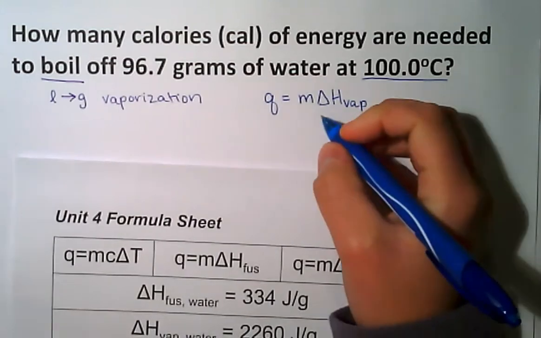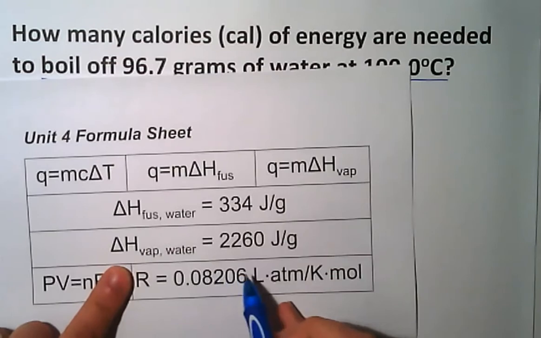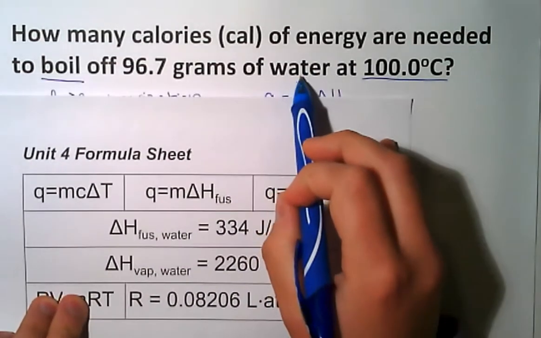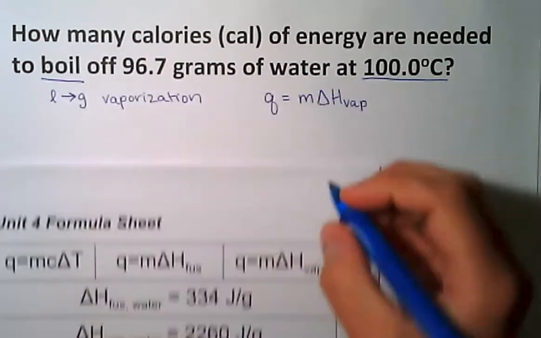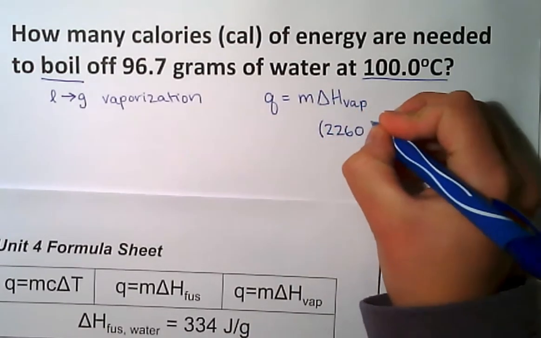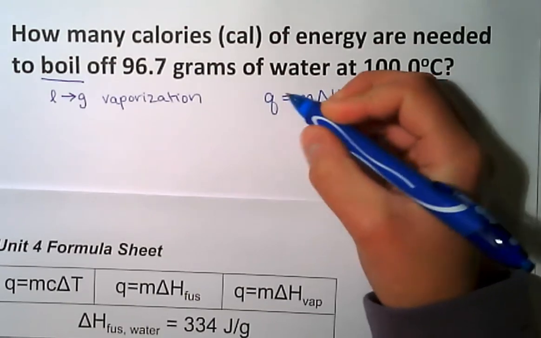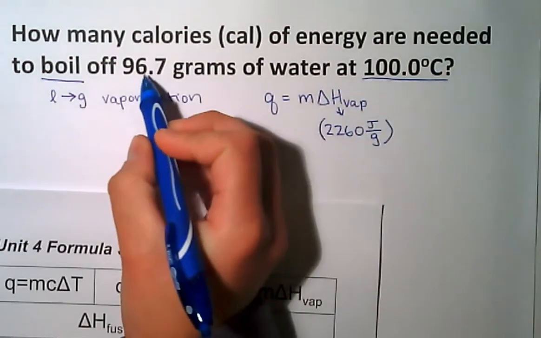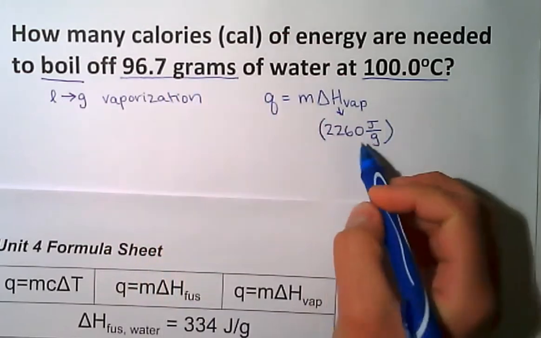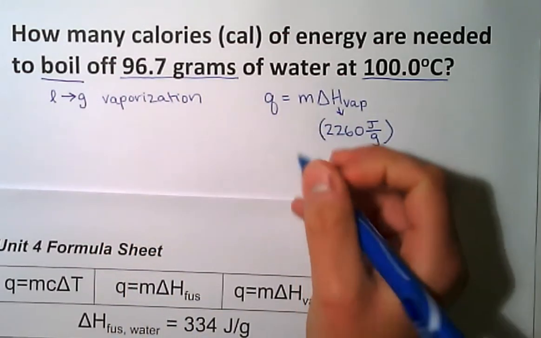And our delta H of vaporization value is on our sheet as well. For water, it is 2260 joules per gram. And our value of m is given in the problem, and it's already in grams. So we know that our units are going to cancel out nicely.